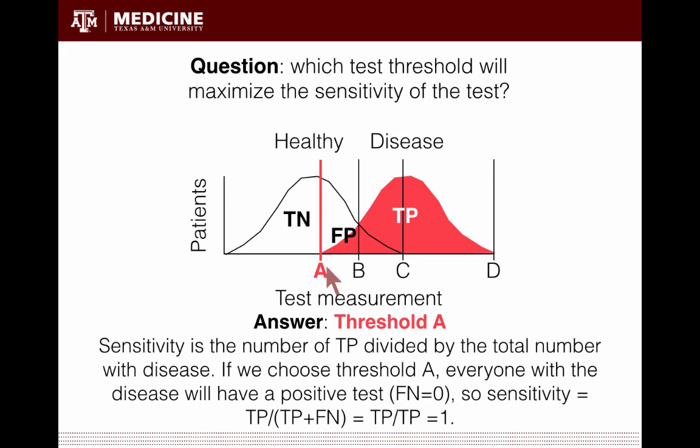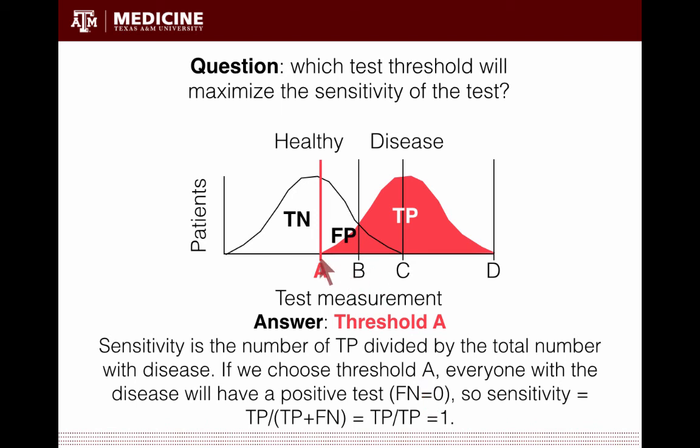So the answer is threshold A. Sensitivity is the number of true positives, given here, divided by the total number with disease. If we choose threshold A, then everyone with the disease will have a positive test.